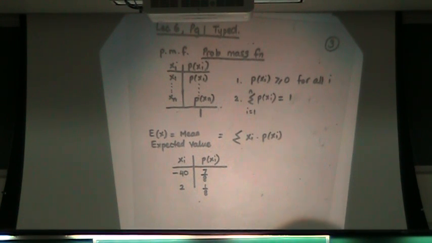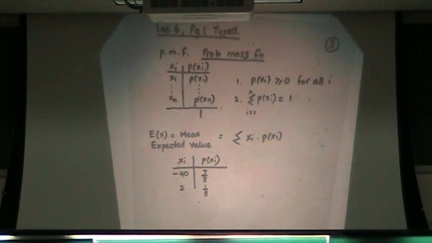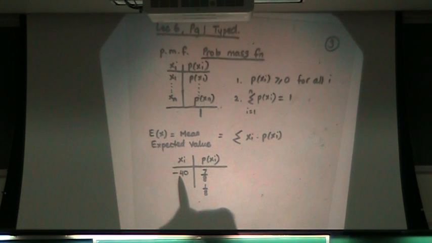So my first question to you: is this a valid function? Two rules would have to hold, right? P of x_i would have to be non-negative, and the sum of the probabilities would have to be 1. Are those conditions satisfied by this function? Yes or no? Does this minus bother you? It shouldn't, right? This is just a loss.